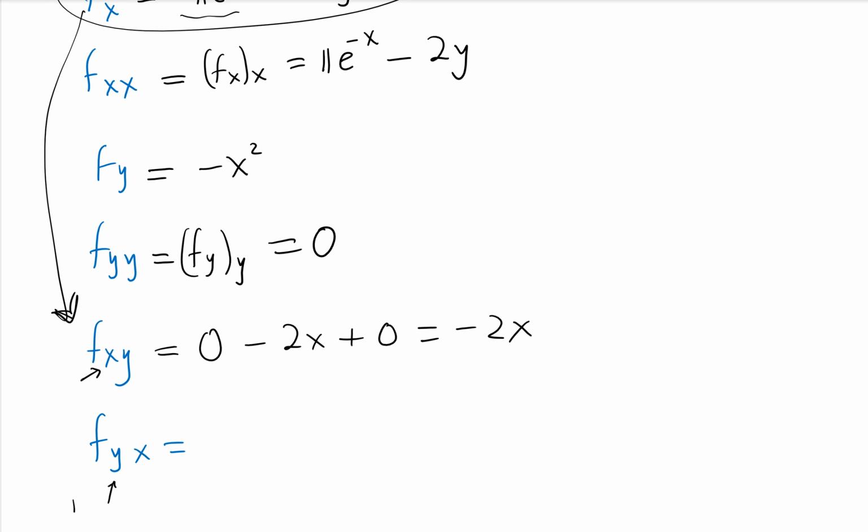You start with this one first. f_y is negative x squared, right? If I differentiate that now with respect to x, that gives me also negative 2x.